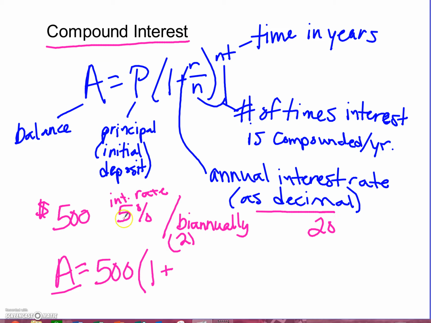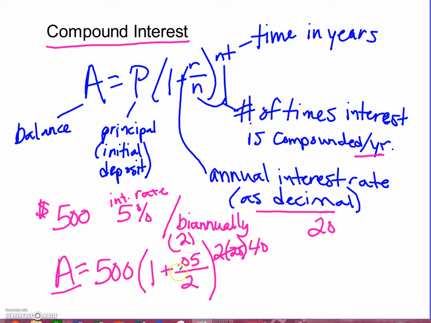So 5% as a decimal is 0.05 divided by how many times it is compounded per year, which is biannually, so 2. And then I have my n times t, so we got 2 again, times how many years, times 20. You can go ahead and take care of this, and 2 times 20 will give me 40.